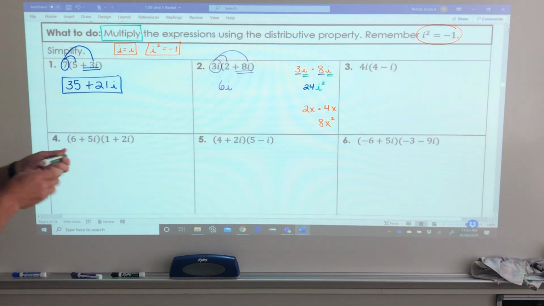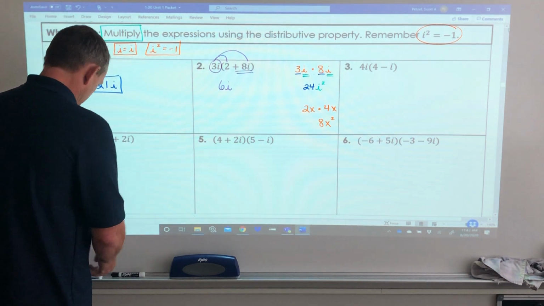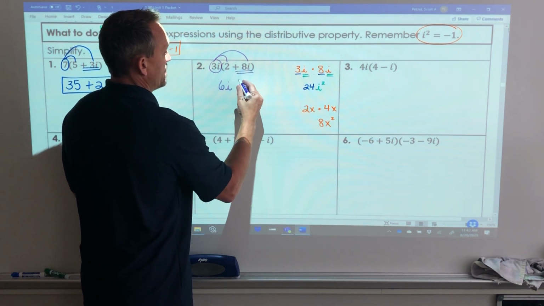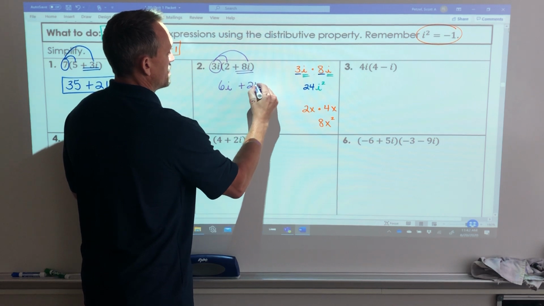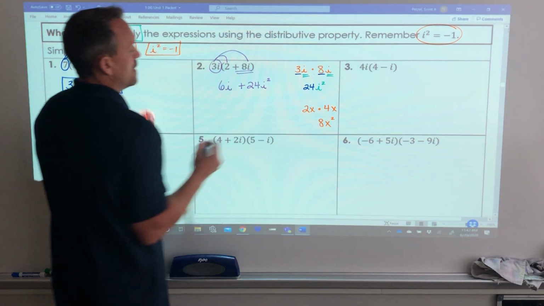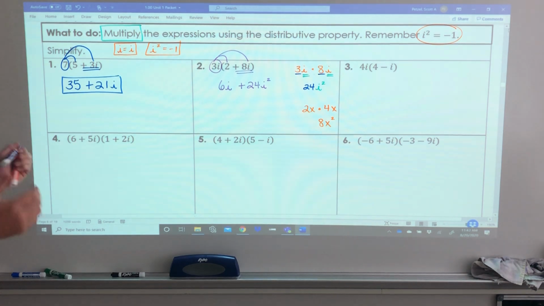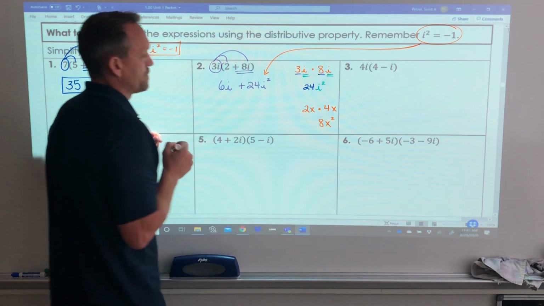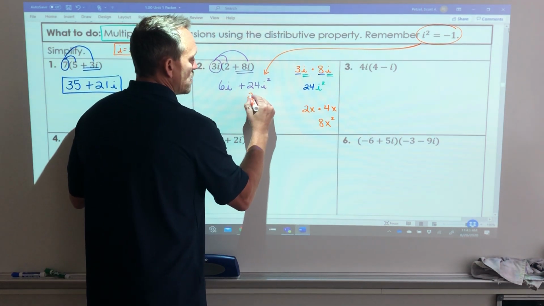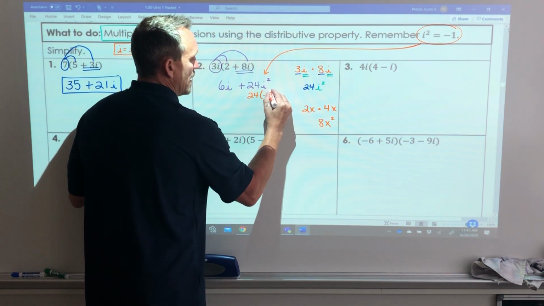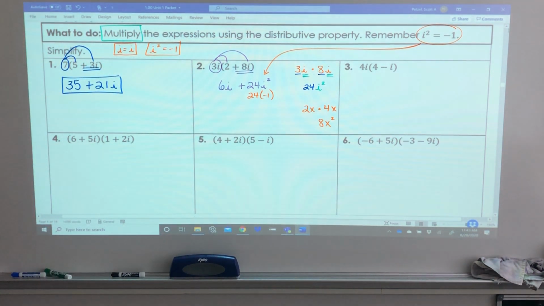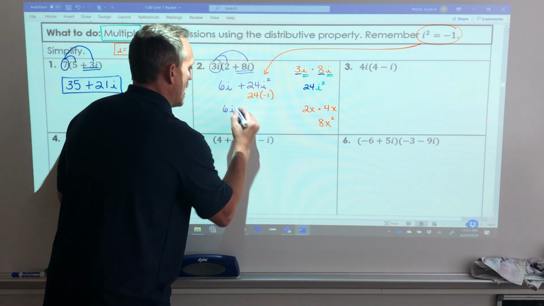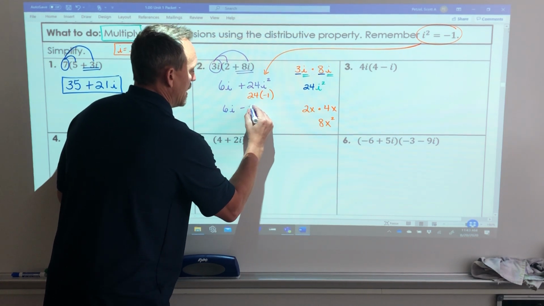Okay? So now we have 24i squared. Well, this is a little bit different. We got to recall this. This is the equivalent of 24 times -1. Which means I have 6i, and 24 times -1 is -24.